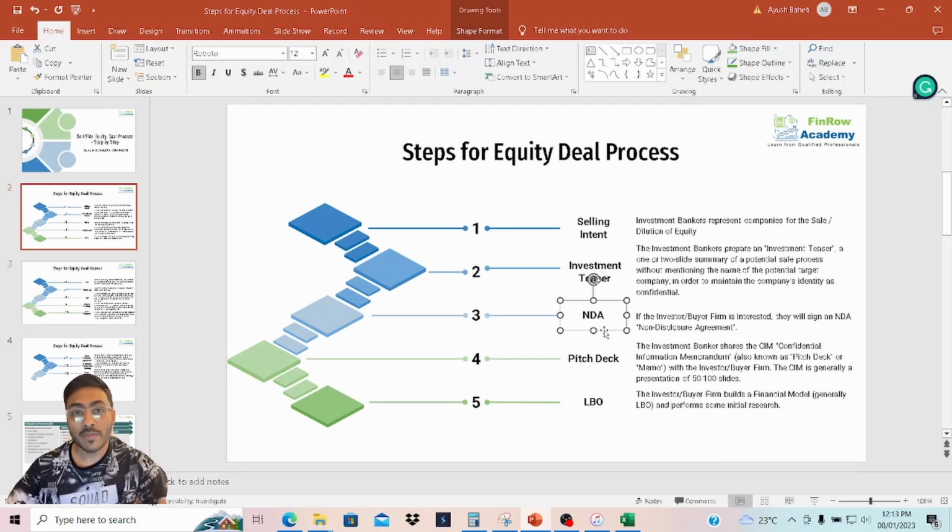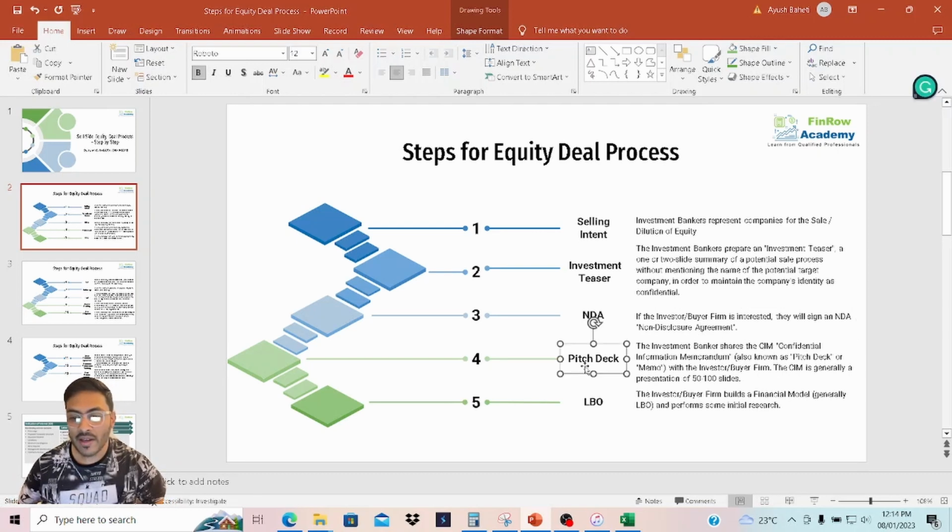Because the investment teaser was on a no-name basis, and now they want more information about the company, what investment banker does is it asks for a non-disclosure agreement, which means that if we provide you more details on the financials, background of the company, background of the promoter, etc., then you have to sign a non-disclosure agreement where the information that we will share throughout this process will be confidential and cannot be shared with any third party.